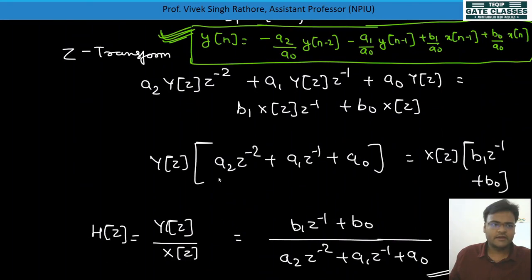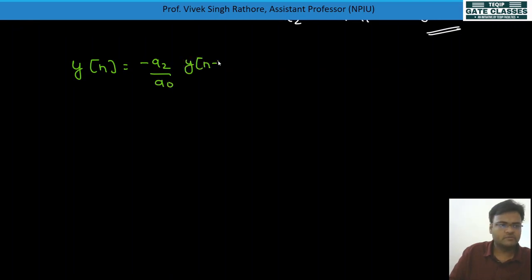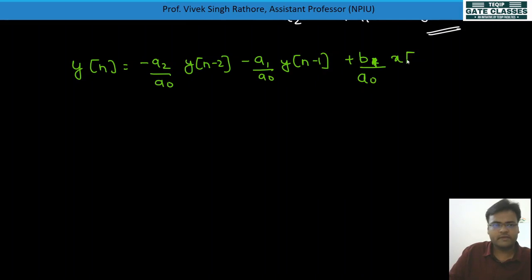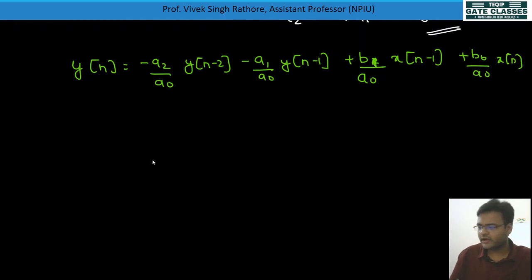So see, I will write here again, y of n is equal to, I will write again the terms: minus a2 by a0 y of n minus 2, minus a1 by a0 y of n minus 1 here, and plus b1 by a naught x of n minus 1 will be there, and plus b naught by a naught x of n will be there. This we have just calculated. Now we'll see how we can make a block diagram from this equation.